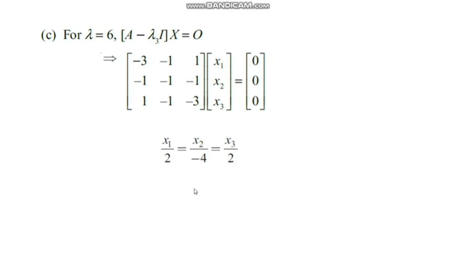So simplify this: 2, minus 4, 2 are divisible by 2, so we get this member. Hence the third eigenvector is 1, minus 2, 1. Now to verify whether those eigenvectors are pairwise orthogonal or not.